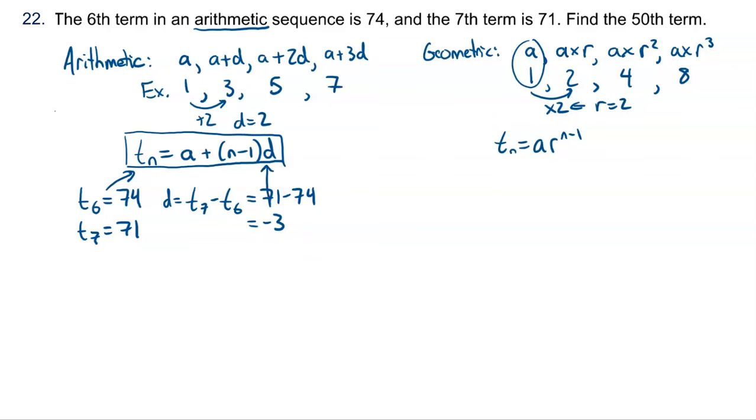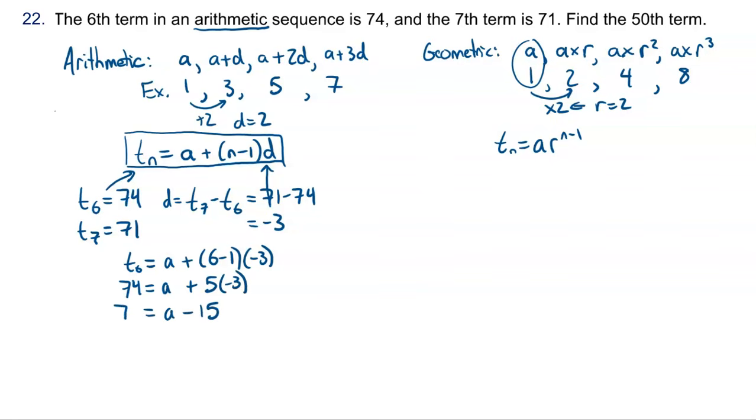So now we can go ahead and substitute the information from term 6 equals 74 and that d value into the equation, and the fact that we know everything except a means we can solve for a. So term 6 is equal to a plus 6 minus 1 times negative 3. Now that sixth term is 74, so we can also sub that in. And so it's a plus 5 times negative 3.